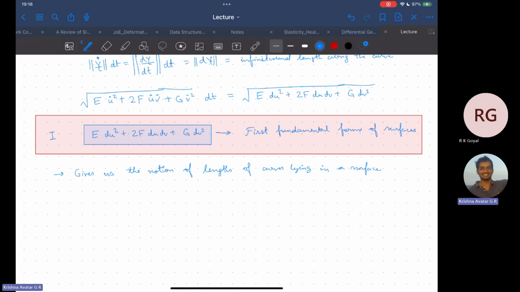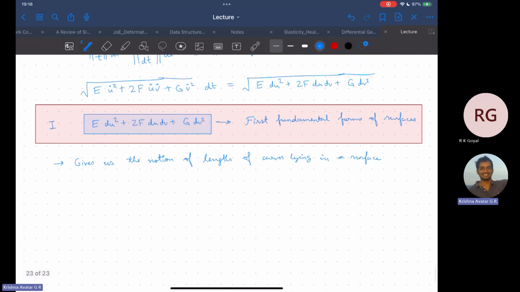Right? So far, so good. It gives us the lengths of the curves lying in the surface, and the coefficients E, F, and G are the coefficients of the first fundamental form.